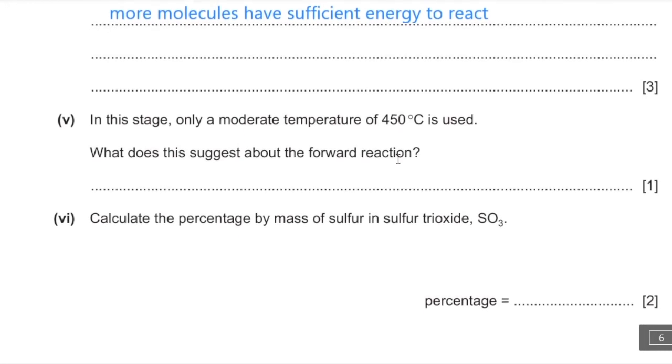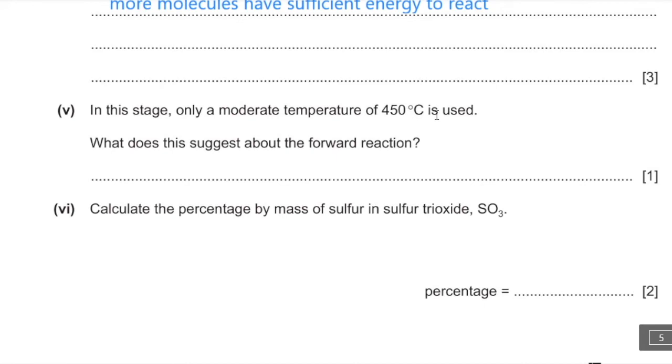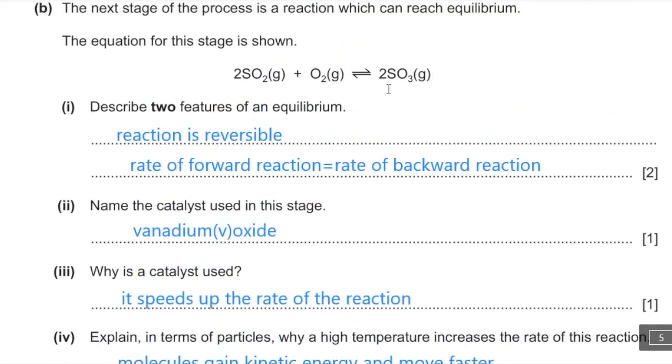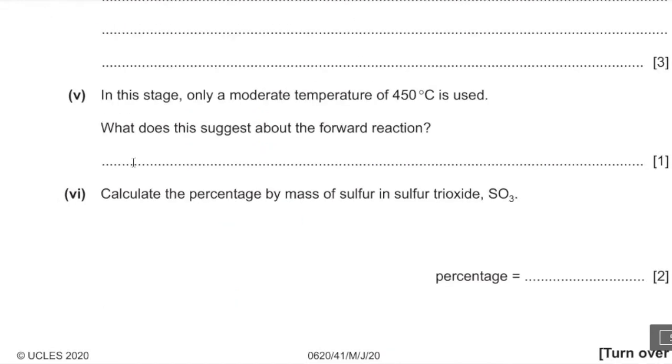The only reason for this lower temperature is that a higher temperature reduces the yield. The yield of sulfur trioxide is only going to be reduced if you increase the temperature in case the forward reaction is exothermic. So if you increase the temperature, the forward reaction would not be favored.